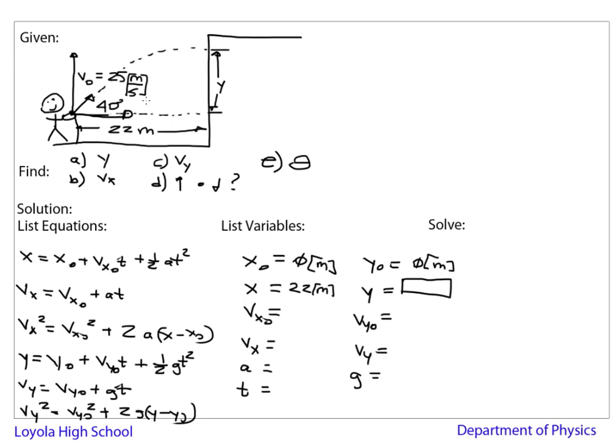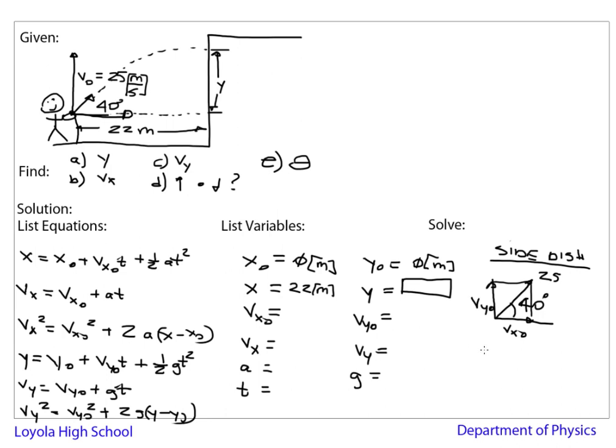The Vx0. So what I was given was V0. I don't know Vx0. So as a little side dish, I do it in the list variables part. I actually do a little scratch work. So I say, okay, I have this triangle here, basically. This is 25, the hypotenuse. This is a 40-degree angle here. So I need to find the horizontal part here and the vertical part there.